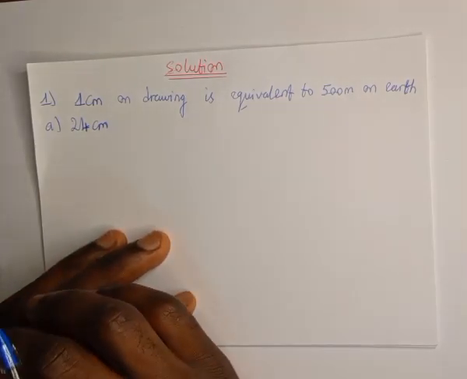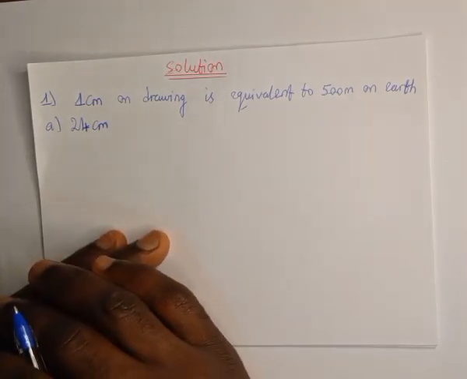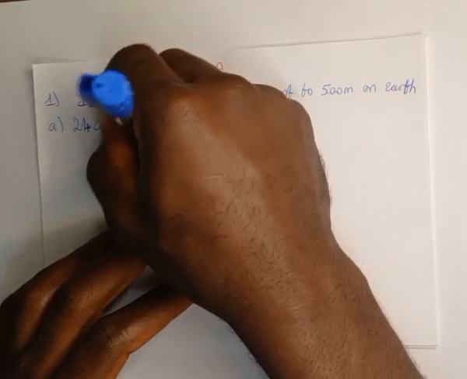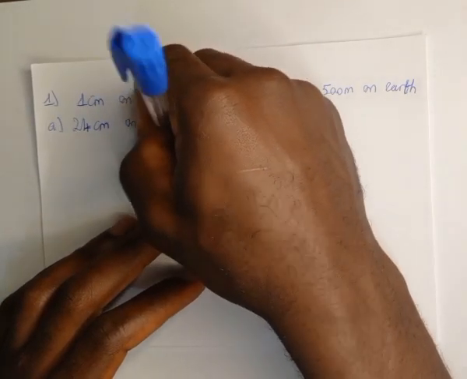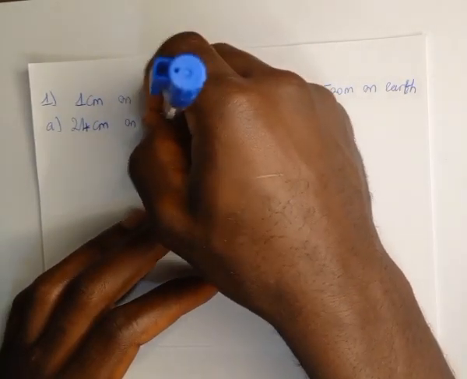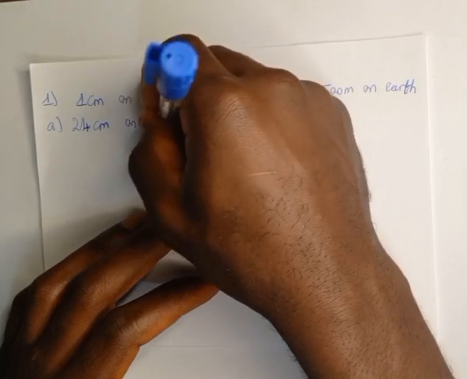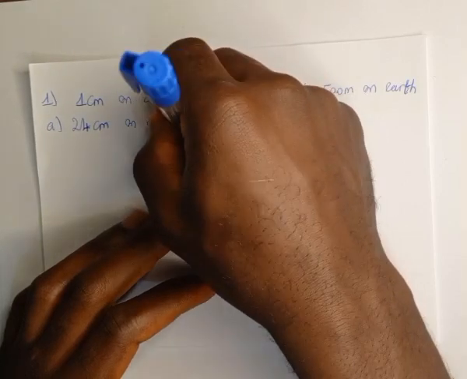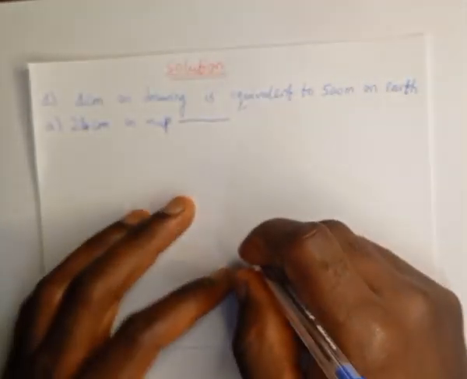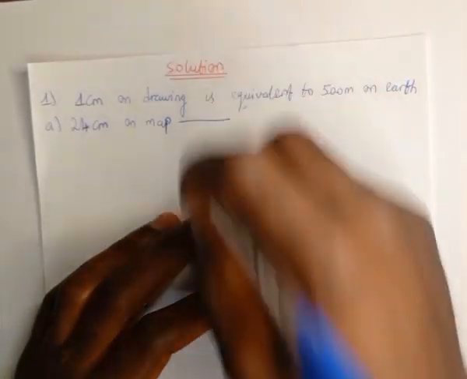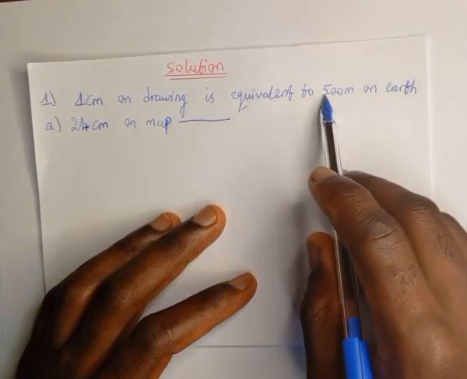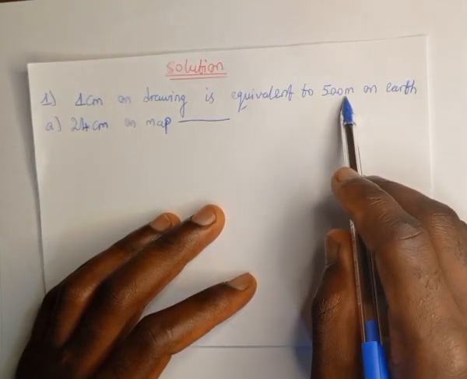Now for us to get the actual length of 24 centimeters on map or on drawing, it will be equivalent to, we are going to multiply 500 meters by 24.